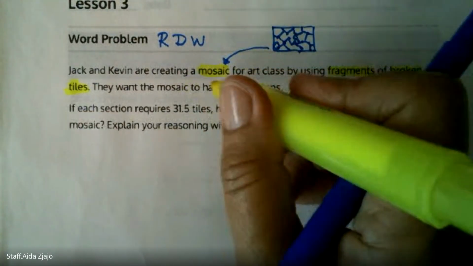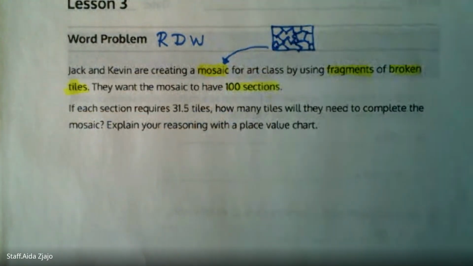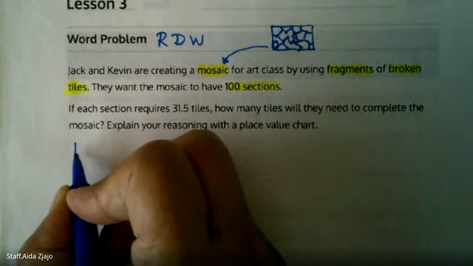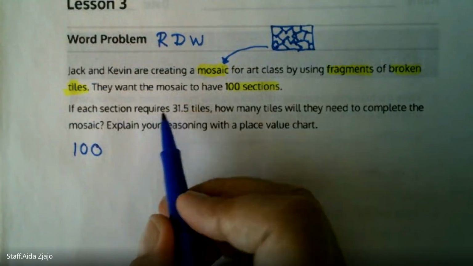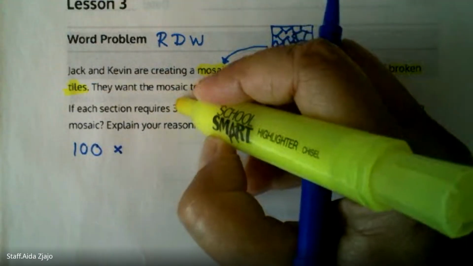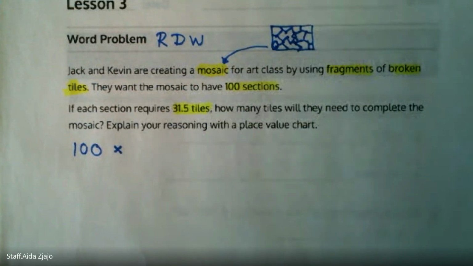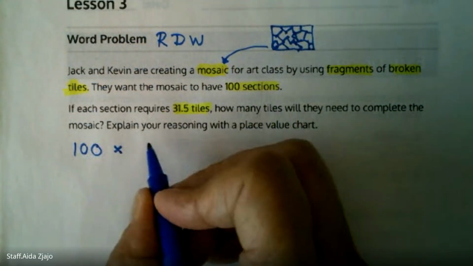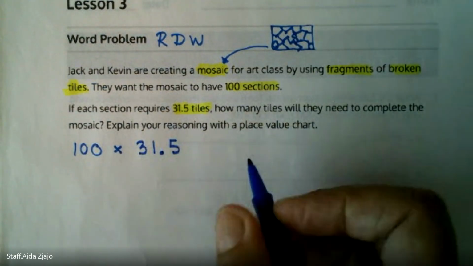They said they want the mosaic to have 100 sections, so there will be 100 sections, and each section will need 31.5 tiles. So each section, and there's 100, will need 31.5 tiles.